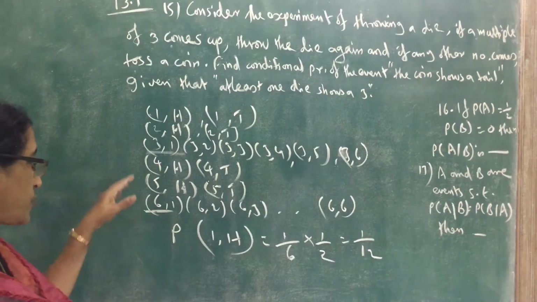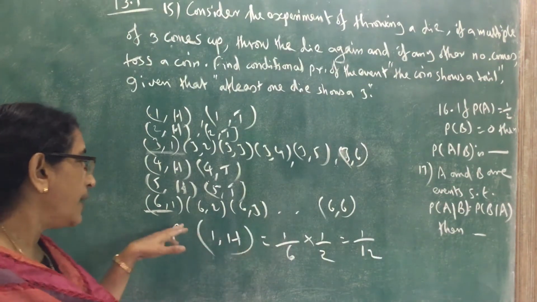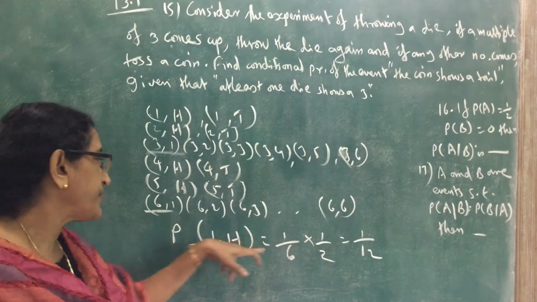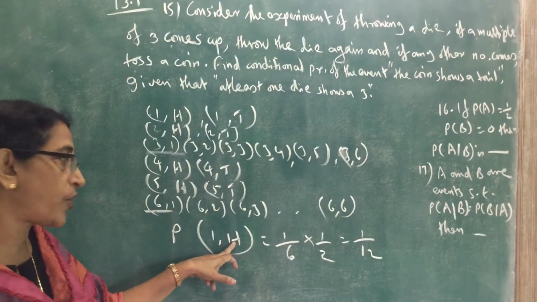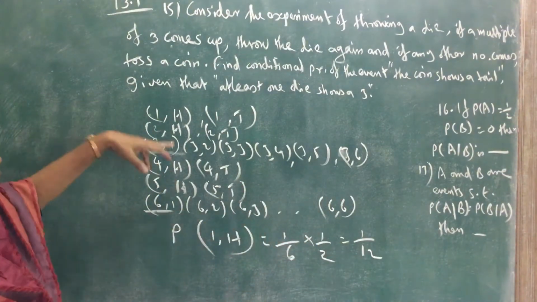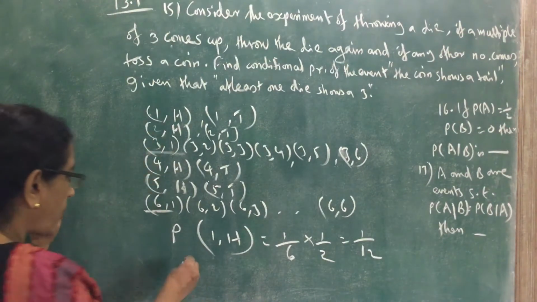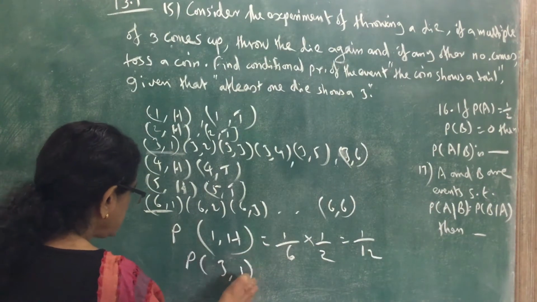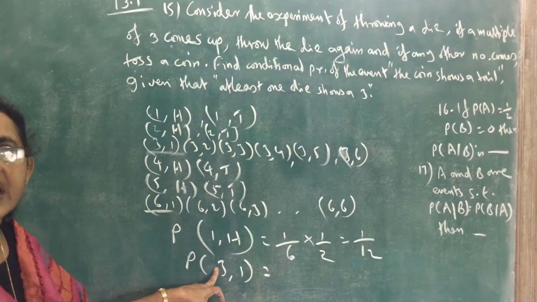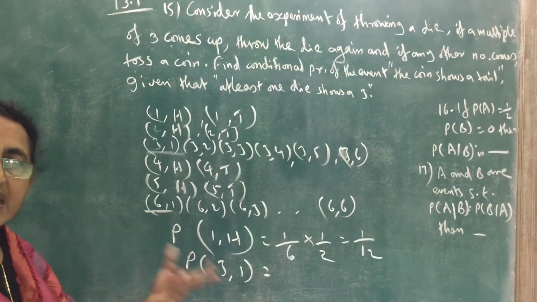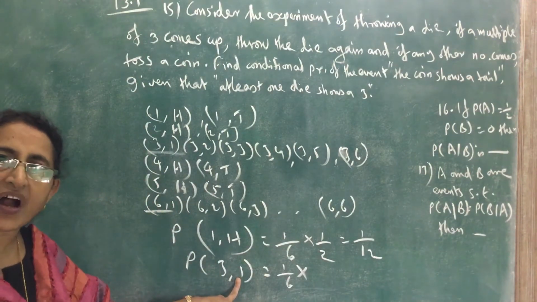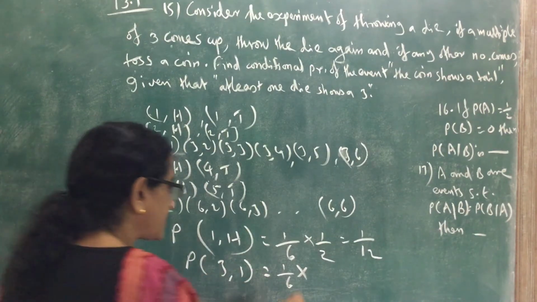Note down this question. So the probability of 1H is the probability of getting 1 in the throwing of a die, 1 by 6, into the probability of getting head in the tossing of a coin, 1 by 2. So 1 by 6 into 1 by 2 is 1 by 12. Now what is the probability of getting 3,1? The probability of getting 3 in the throwing of a die is 1 by 6, into the probability of getting 1 in throwing a die, 1 by 6.